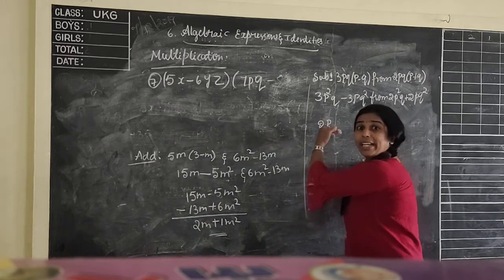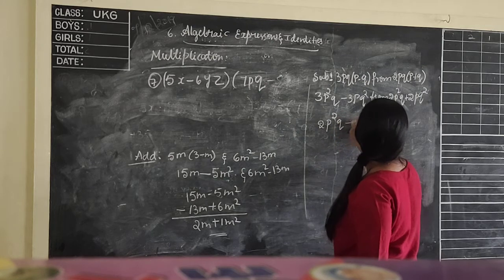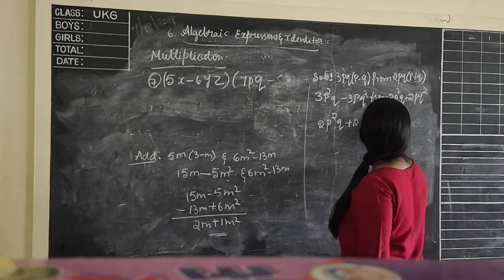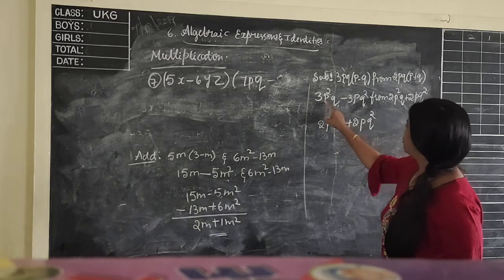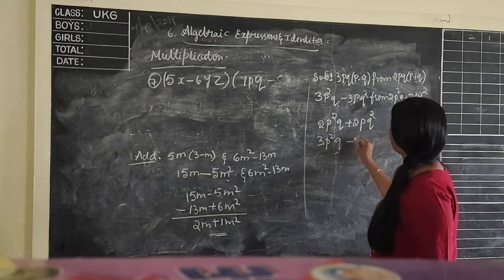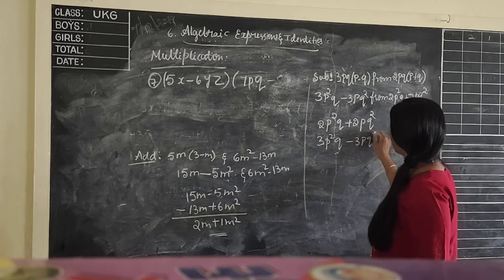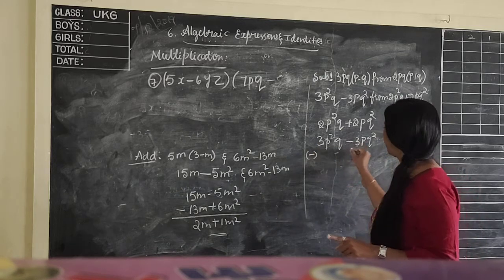If you write it down by down, second one first and change the sign. P square q, this one. Minus 3q. Subtraction, change the sign. Plus, minus. Minus, plus.